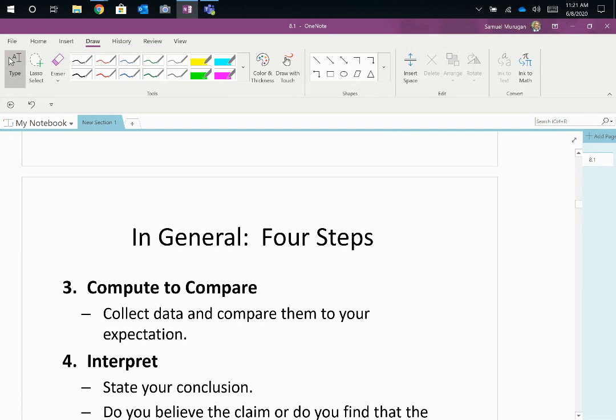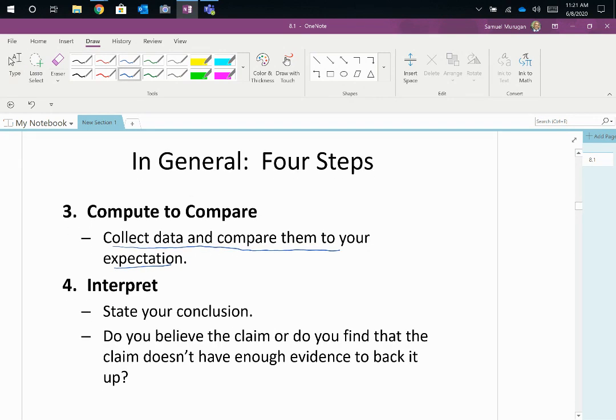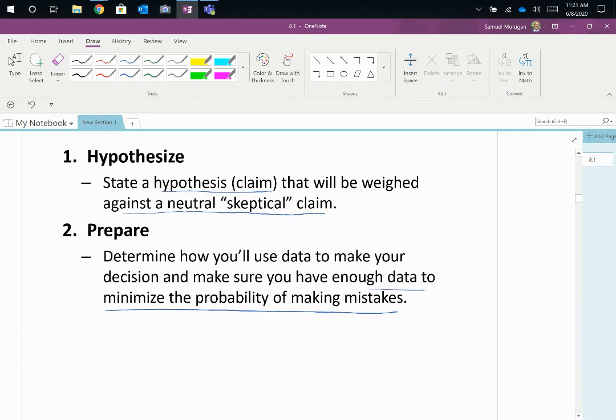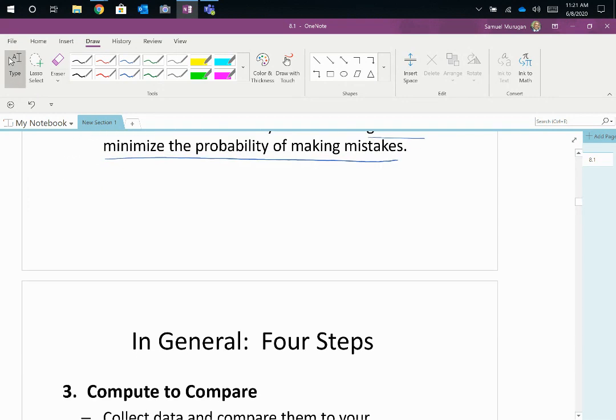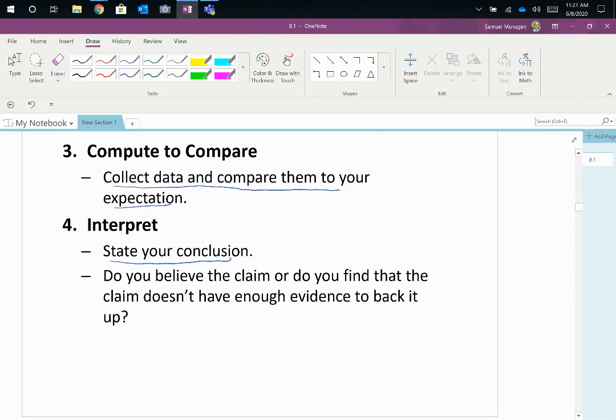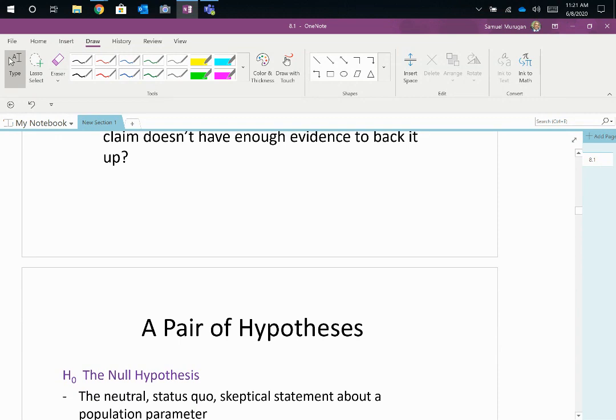Then we collect the data and compare them to our expectation, and then finally interpret or state your conclusion. Do you believe the claim, or do you find that the claim doesn't have enough evidence to back it up? So our 4 steps: hypothesize, prepare, compute and compare, and interpret. These 4 steps are also going to be used in Chapter 8.2 and going forward, so pay attention to them.